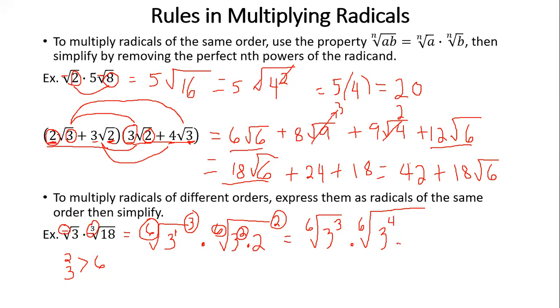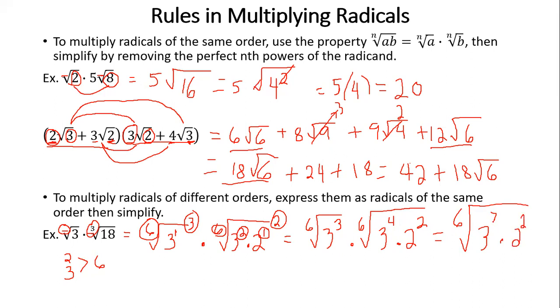Then 2, ito multiply rin po natin, 2 times 1. Okay, so that will be equivalent to 2. Moving on, pwede na po nating pagsamahin lahat yan. So, i-multiply na po natin. 3 cubed times 3 raised to 4, that will be equivalent to 3 raised to 7 times 2 squared.